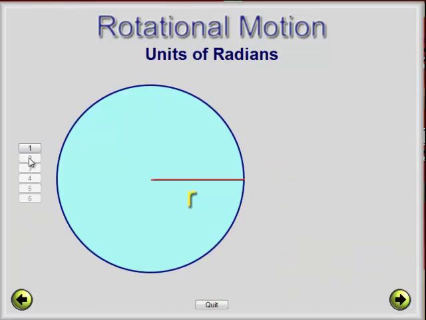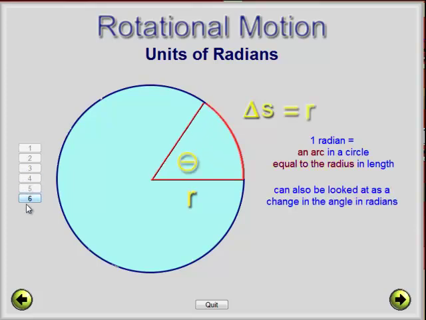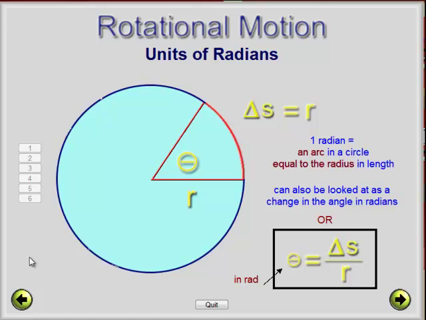This is a step-by-step definition of what a radian is, and what the angle theta stands for.